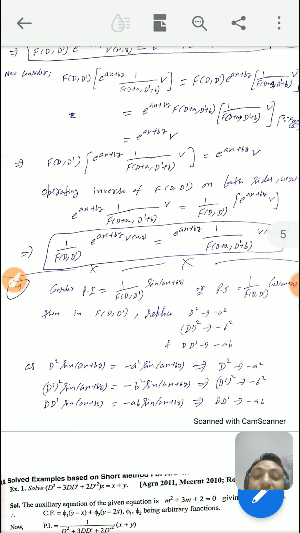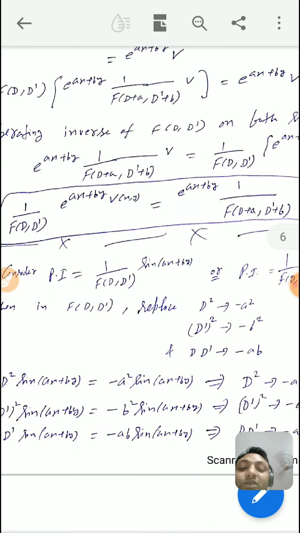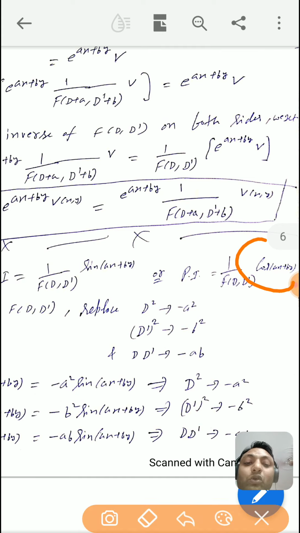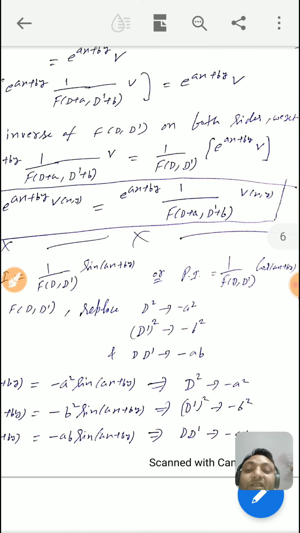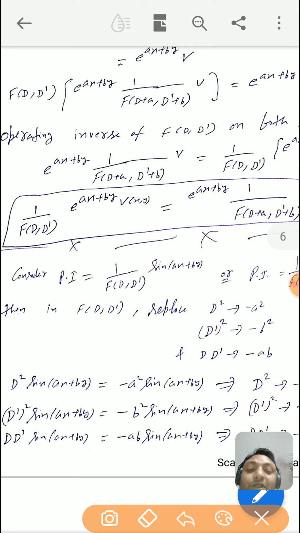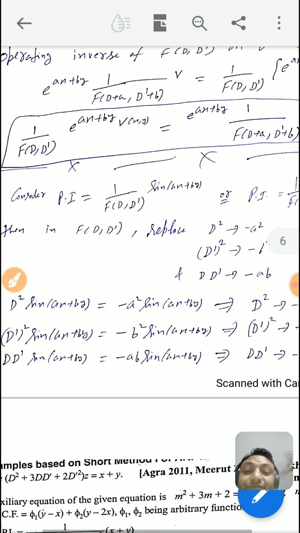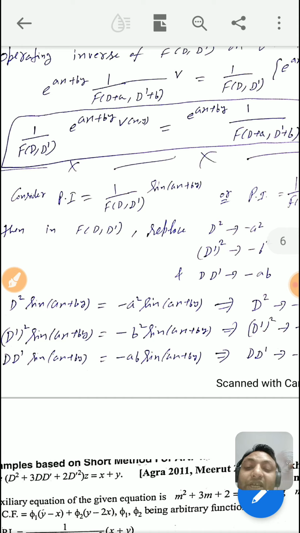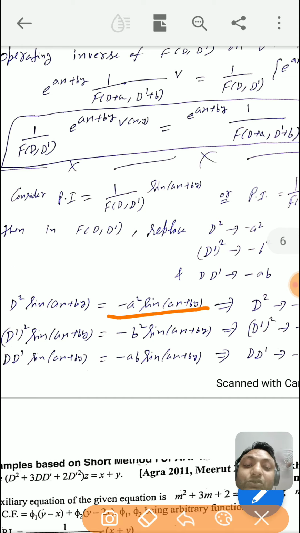And the fourth result is that when the particular integral, when f of x y is of the form sine of ax plus by or cos of ax plus by, then in f of D, D dash we will replace D square by minus a square, D dash square by minus b square, and D D dash by minus ab. Differentiating sine of ax plus by twice with respect to x partially, we get minus a square sine of ax plus by.